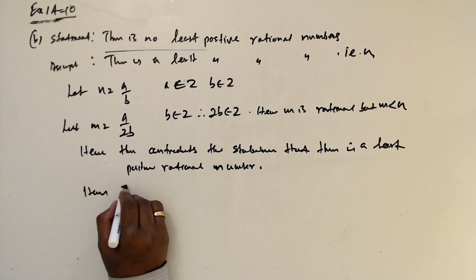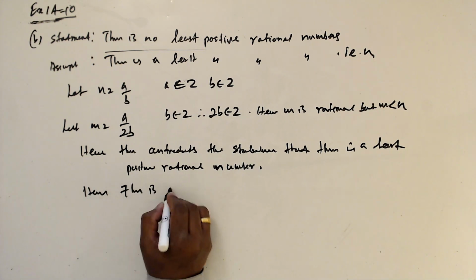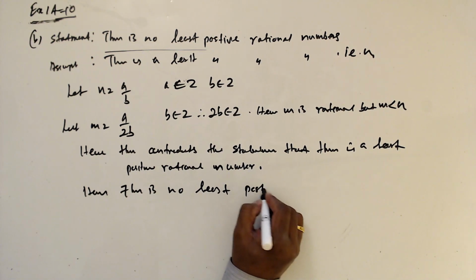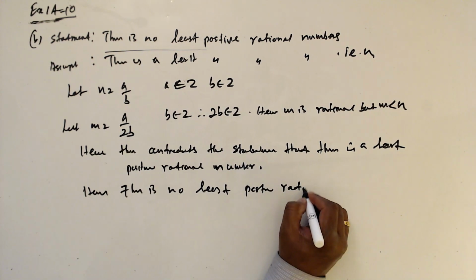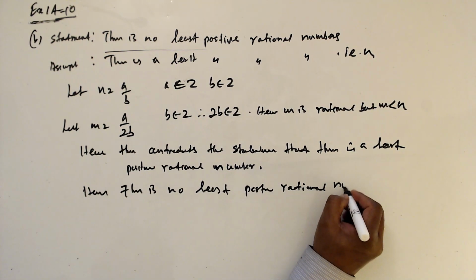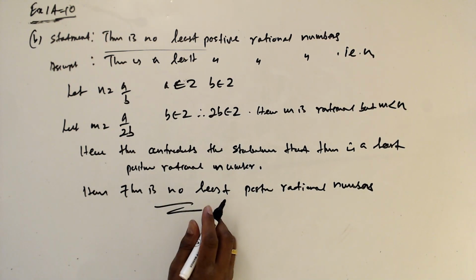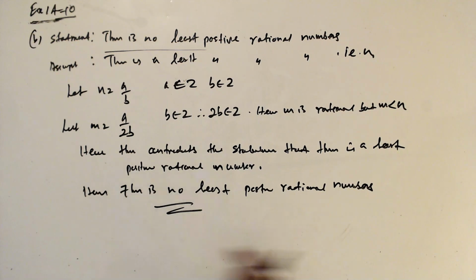Hence, there is no least positive rational number.